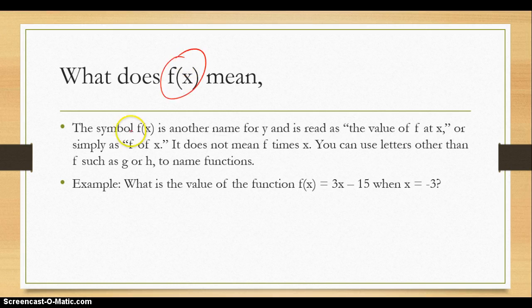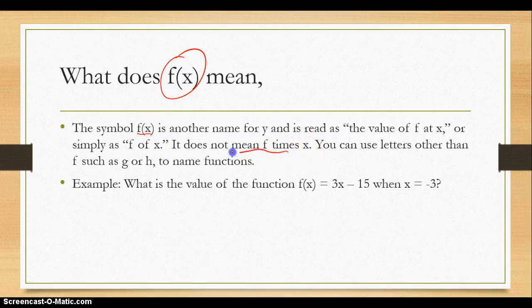So, the symbol f of x is another name for y and is read as the value of f at x, or simply as f of x. It does not mean f times x.